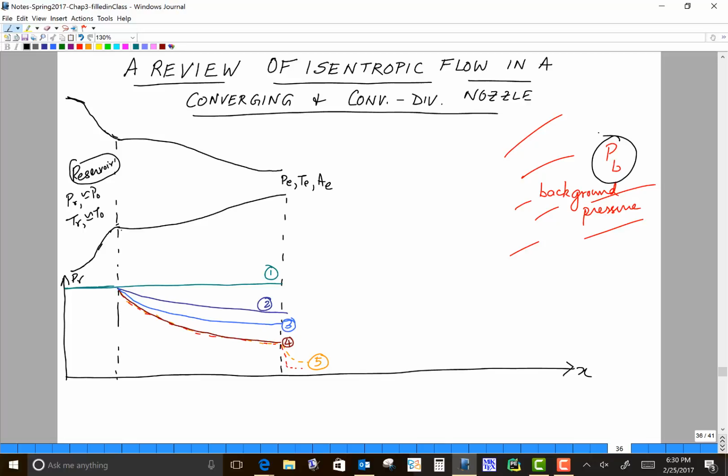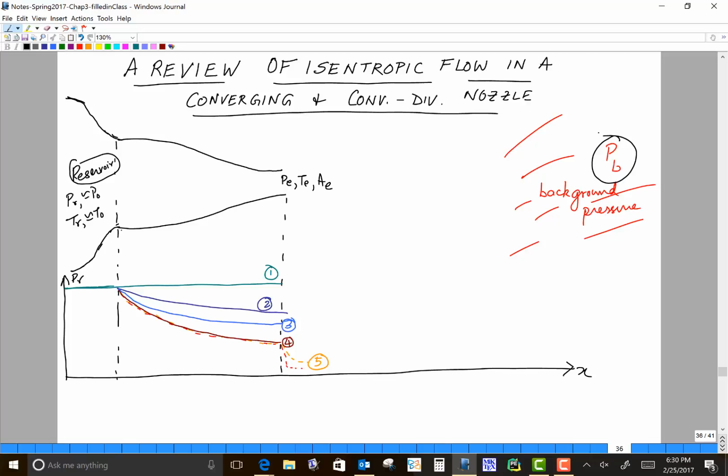And the idea is that as the pressure difference between the reservoir and the back pressure is established, the fluid can be drained through this nozzle, and we're going to explore how this drainage process is going to evolve for different values of the back pressure.